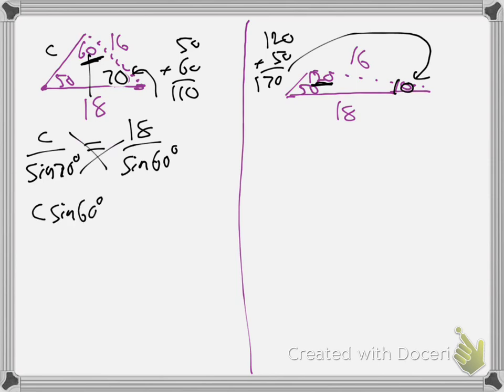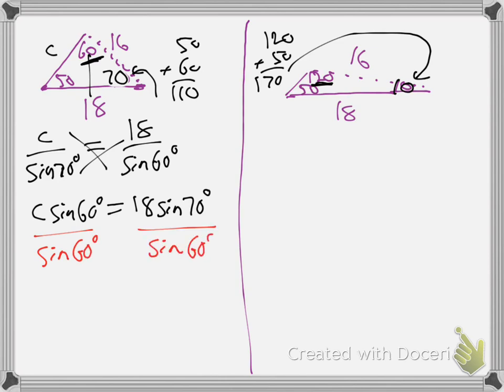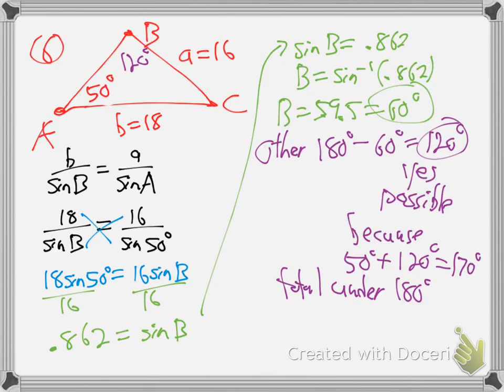C sine 60 is 18 sine 70. Divide by sine 60. Little c equals 18 sine 70 divided by sine 60. I'm getting 19.5. I don't know how accurate do they want?